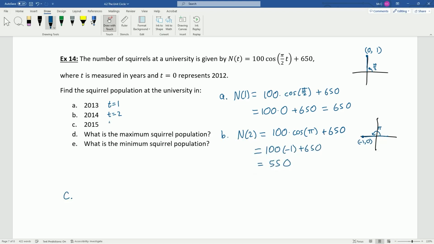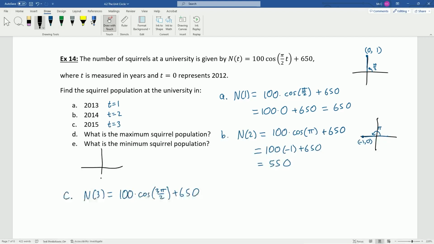Okay, and now for c, we've got t equal to 3. So n of 3 here is 100 times cosine of pi over 2 times 3 is just 3 pi over 2 plus 650. And I'm going to do the same thing, right?